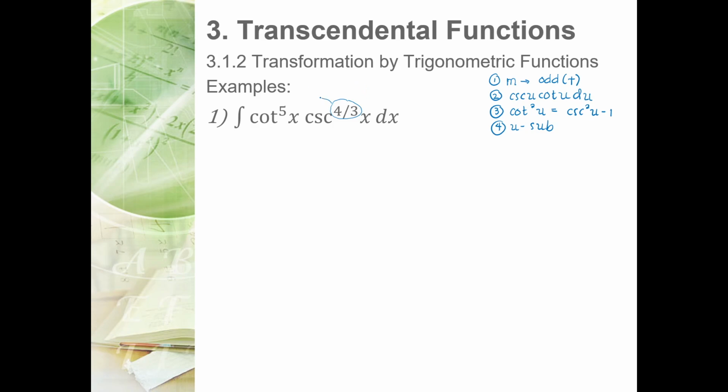So we go to the other exponent, the exponent of the cotangent function. Since this one is in line with case number 2, odd and positive, we follow the process of case number 2. That's how you approach the different problems of transformation by trigonometric functions. You observe the two exponents.